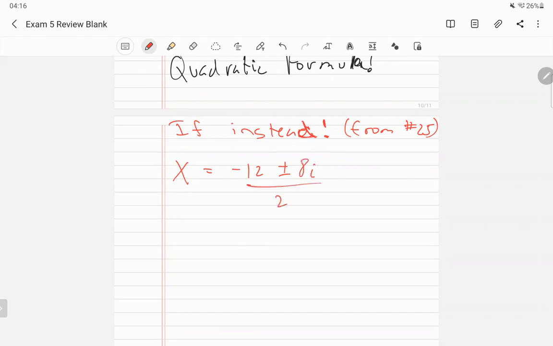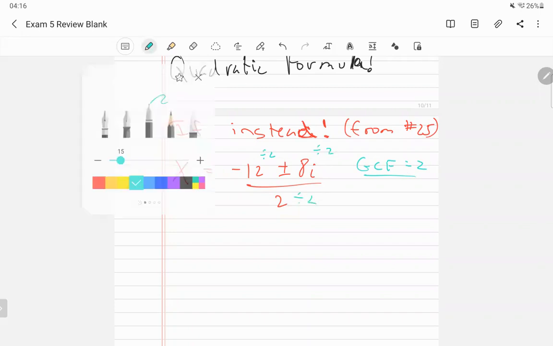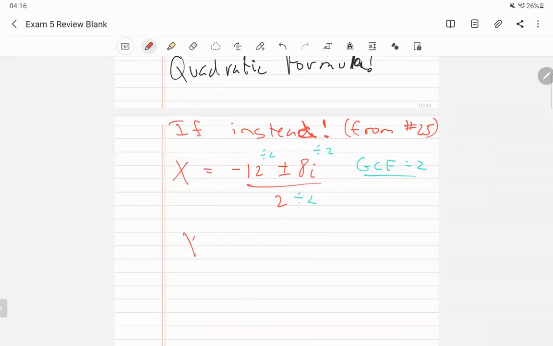That's everything can get divided by 2. So GCF equal to 2 means divide by 2, divide by 2, divide by 2. So then you would have an answer here of -6 plus or minus 4i, and that would be it.